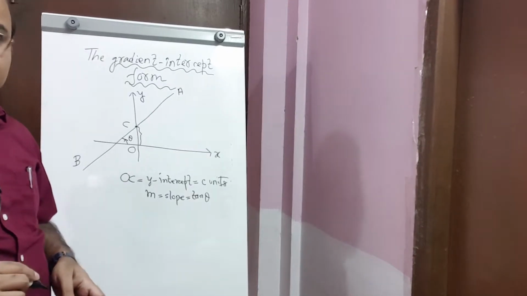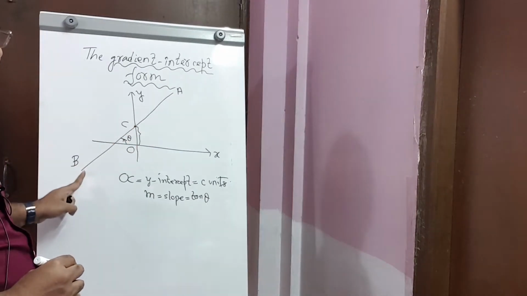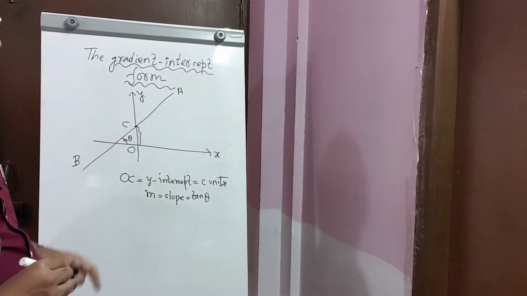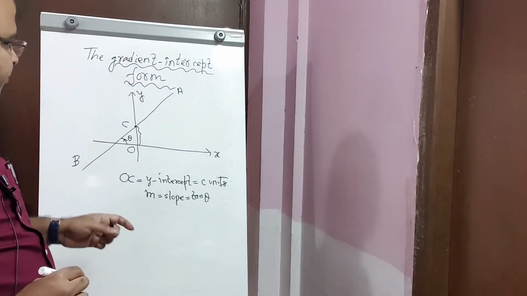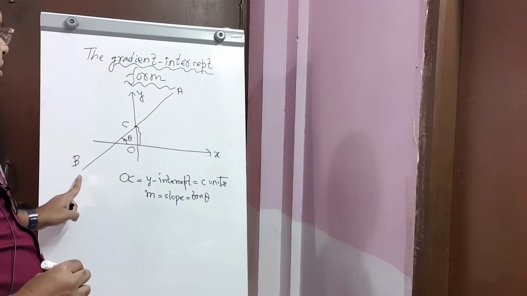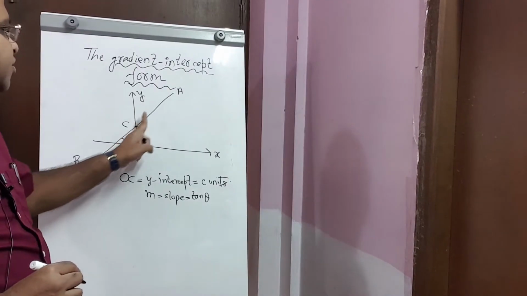Now, as we have discussed in my previous videos, by equation of a straight line, we have to search for a common property among the coordinates of the line, which property is satisfied by each and every point on that line.